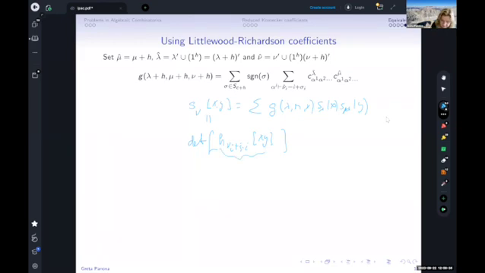The one row Schur function, or the homogeneous symmetric function evaluated at all the pairwise products, is just equal to the sum of all products of Schur functions where we have the same partitions here, and of course the partitions need to be of this size.